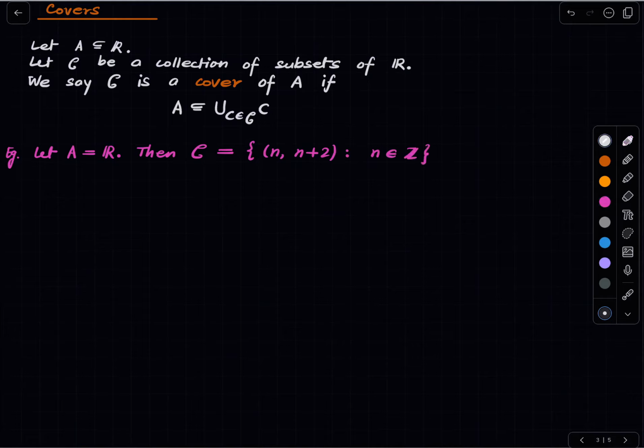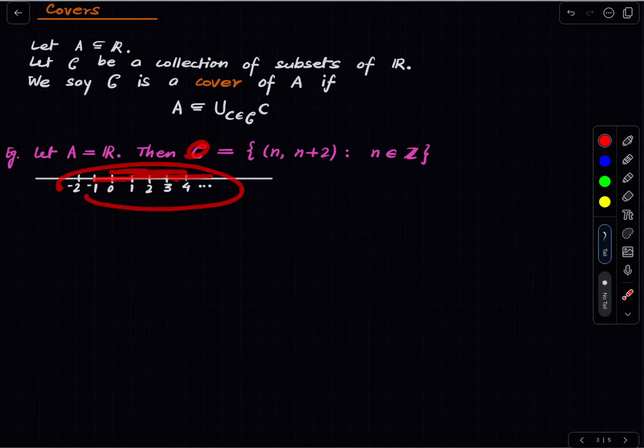So in pictures, what is this script C? This is the set of real numbers. This is 0, 1. So I'm marking all the integers. So the elements of script C are this open interval, that open interval, that open interval, and so on. And clearly you can see from the picture that fancy C covers the entire set of real numbers because the union of all of these things is the entire set of real numbers.